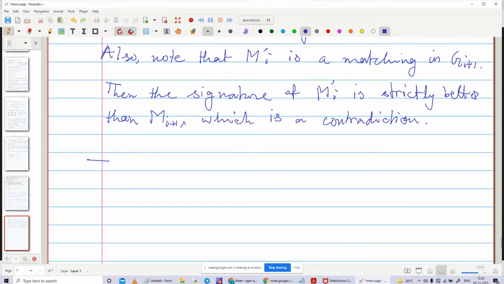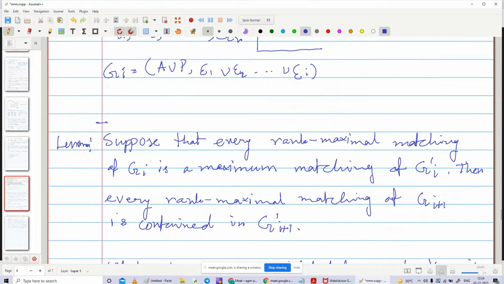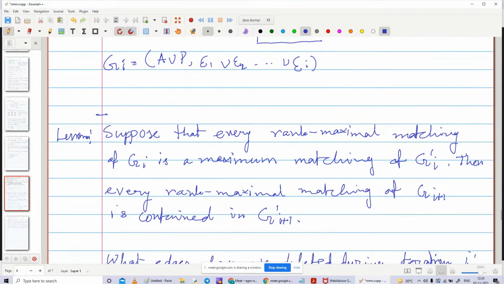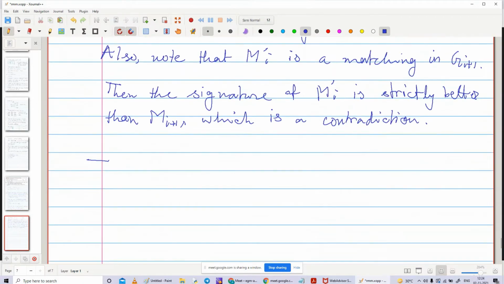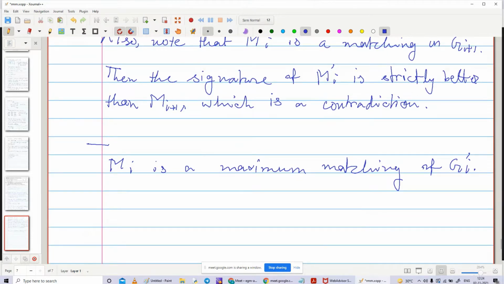Now what is our assumption here? Every rank maximal matching of Gi is a maximum matching of G prime i. So from here we can say that Mi is a maximum matching of G prime i. Clear? If Mi is a maximum matching of G prime i, then what can we claim?